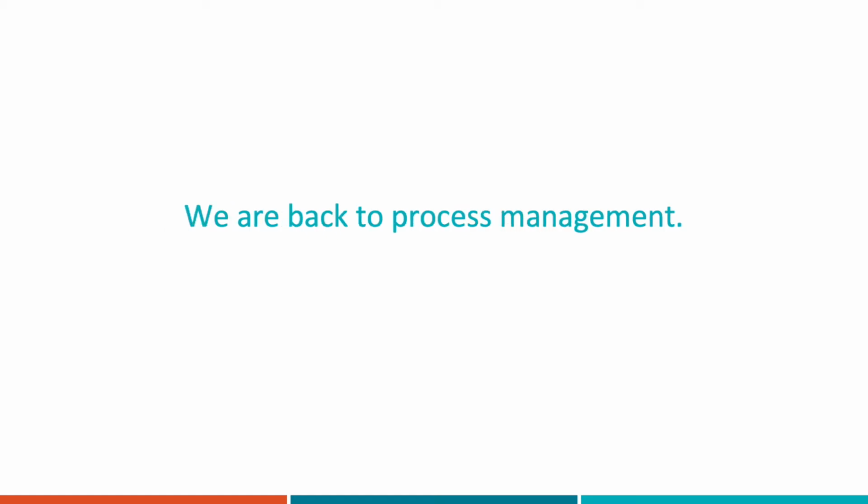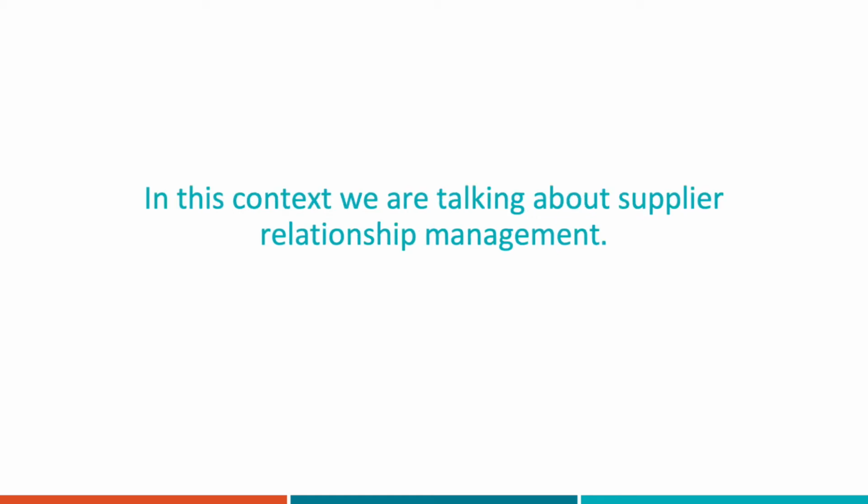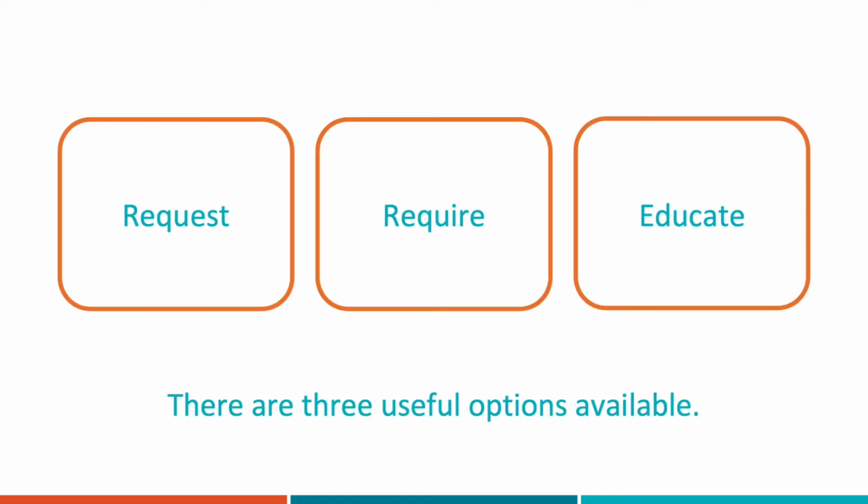And this takes us back to process management, something that we have mentioned before, but I want to dig into specifically on the optic of I'm a company, I'm in the supply chain, what do I do? Okay, so we're talking about supplier relationship management. And in this context, I think there's 3 useful options available.